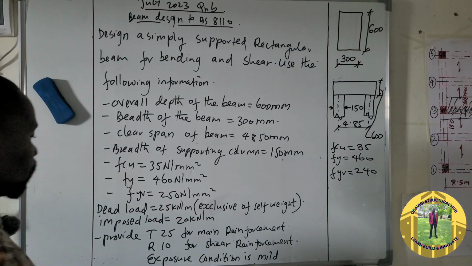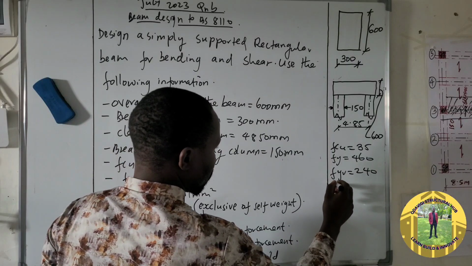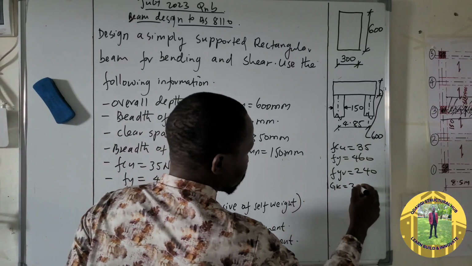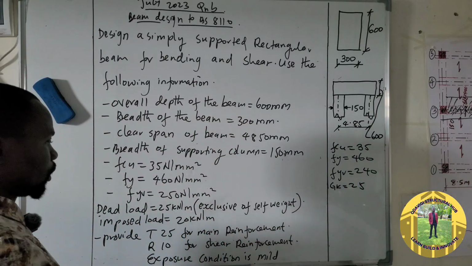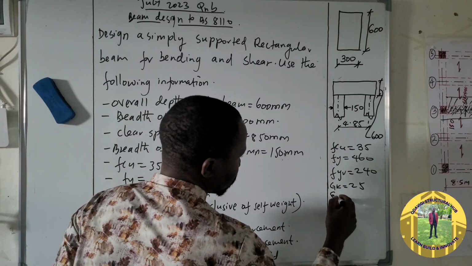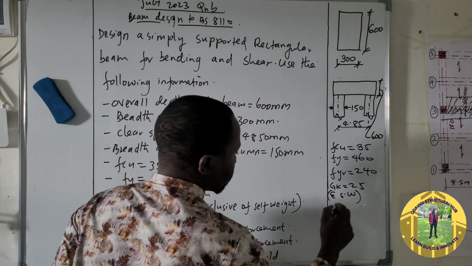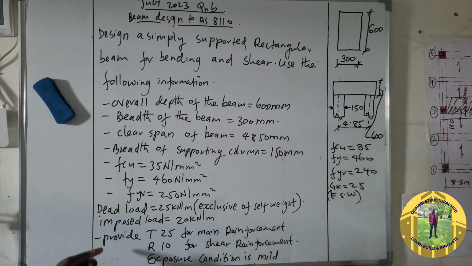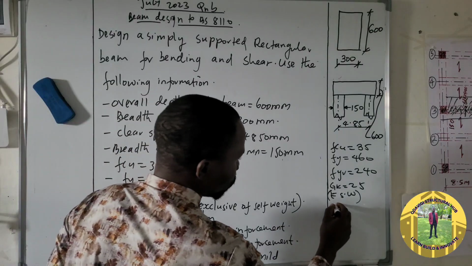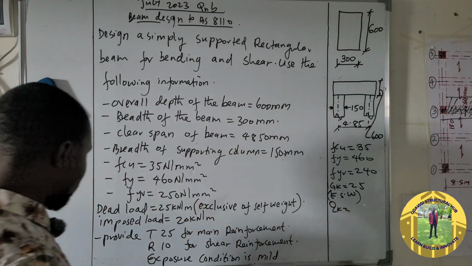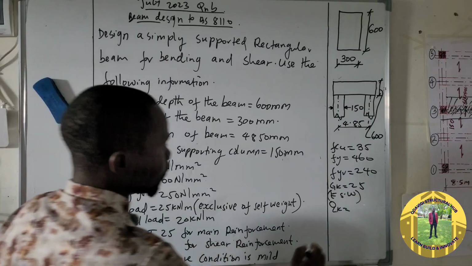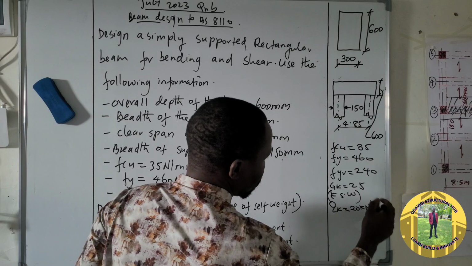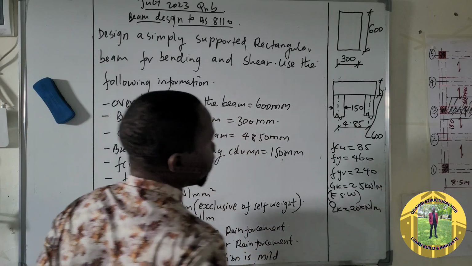So the dead load GK is equal to 25 kilonewton per meter, exclusive self weight. And then you have the imposed load QK is equal to 20 kilonewton per meter.